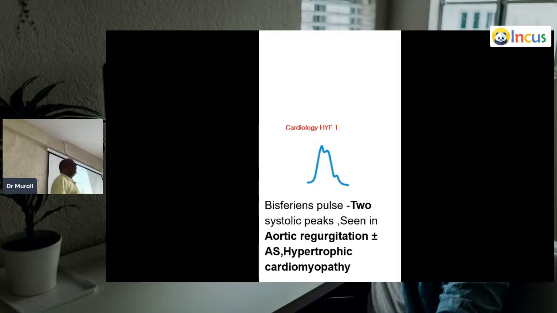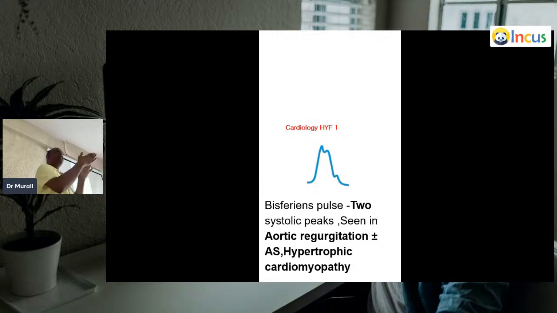Because in hypertrophic cardiomyopathy, the interventricular septum and the mitral valve leaflet come closer, and from the ventricle, when the blood is moving into the root of aorta, these two will touch each other and block the blood from flowing from left ventricle into aorta.